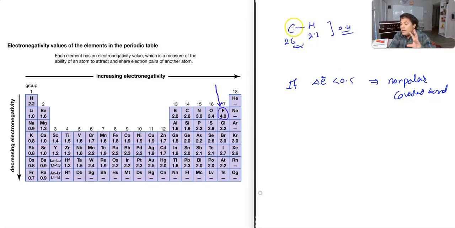Neither atom will attract the electron cloud toward itself. Its own electron cloud stays with itself, not pulled by anything. So in this case, the difference is 0.4, less than 0.5, and bonds of this type are non-polar covalent bonds.